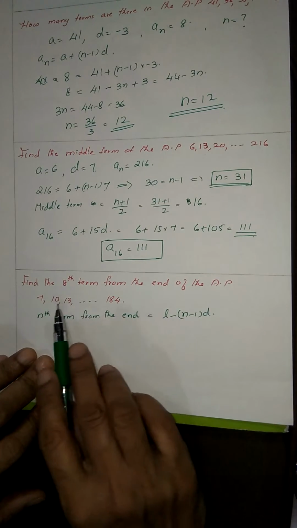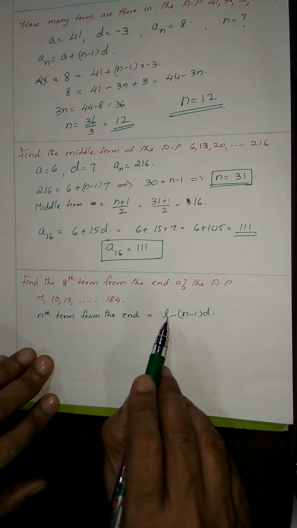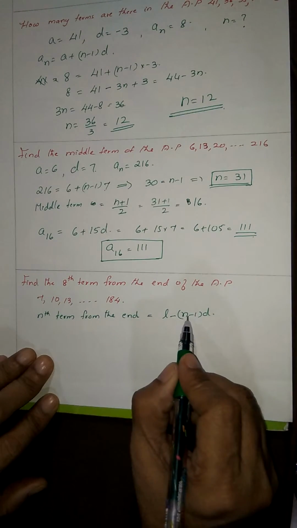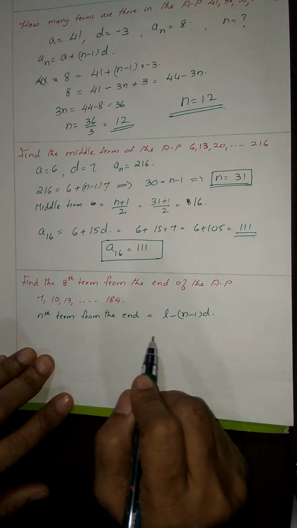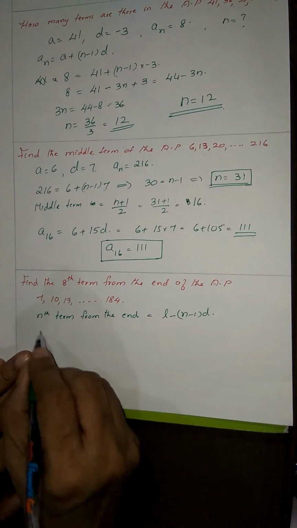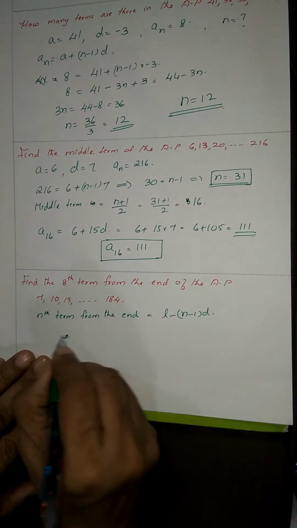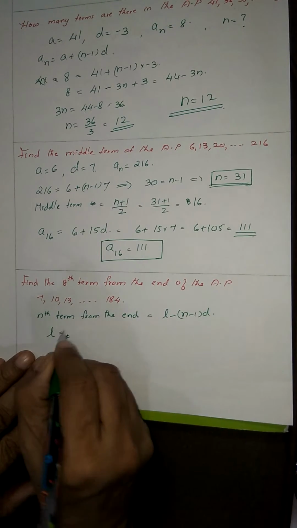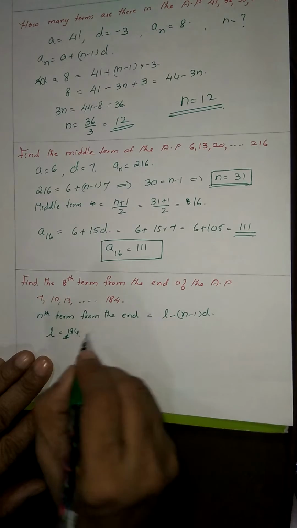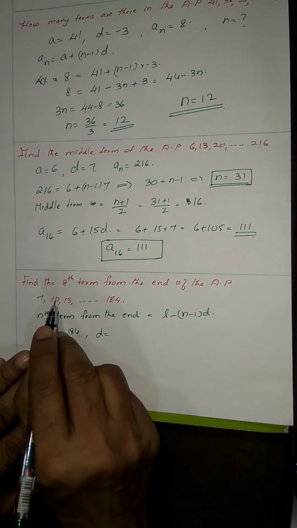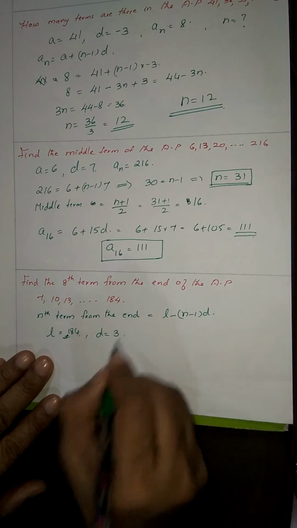Instead of a we write l, and since it is from the back you put minus, then n minus 1 into d. Now the last term l is equal to 184, then d is equal to 3.